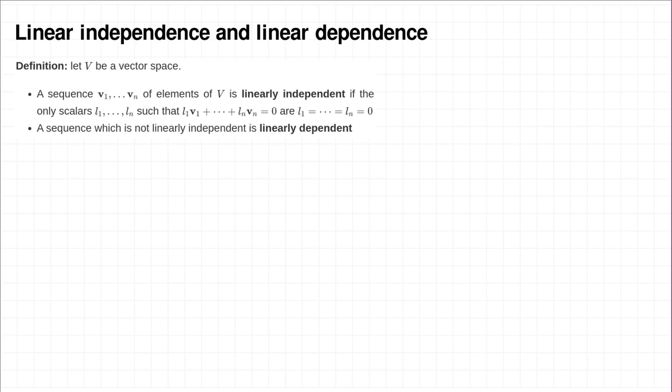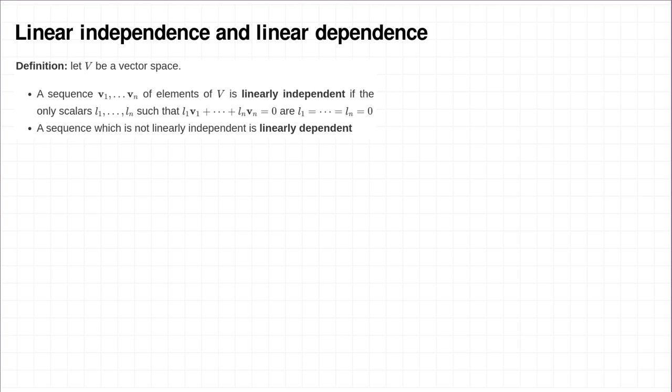Now we're ready to define linear independence and linear dependence. An important part of the definition which I'm about to read out to you is that linear independence is a property of a sequence of elements of a vector space, not a set of elements, a sequence of elements. This is important.